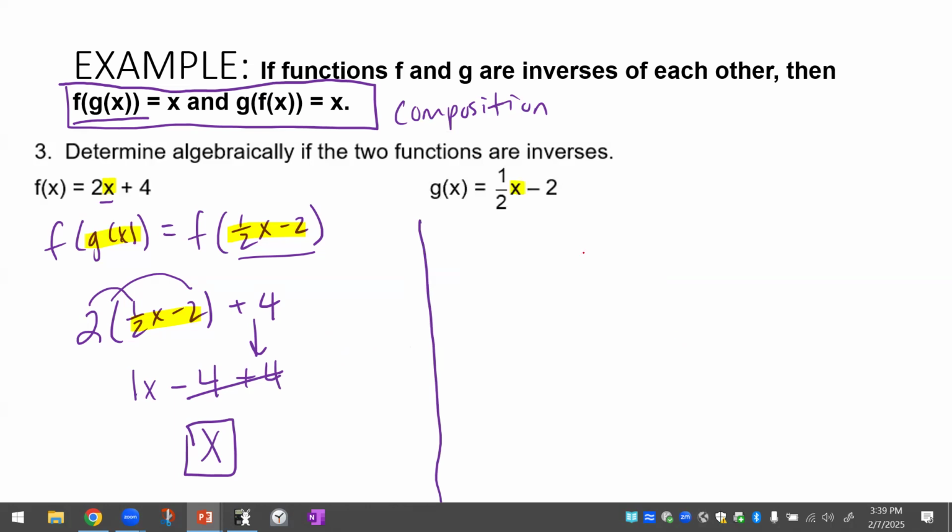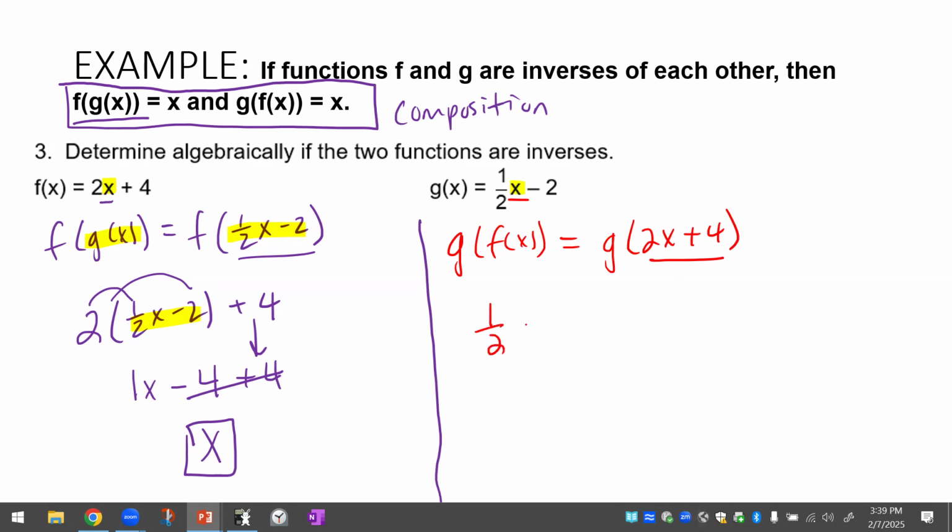So now we're going to do the right-hand side. The right-hand side is g composed of f of x, which means now we are substituting in f of x, and f of x equals 2x plus 4. So g composed of 2x plus 4. So where the x is in g of x, it now is going to become 2x plus 4.